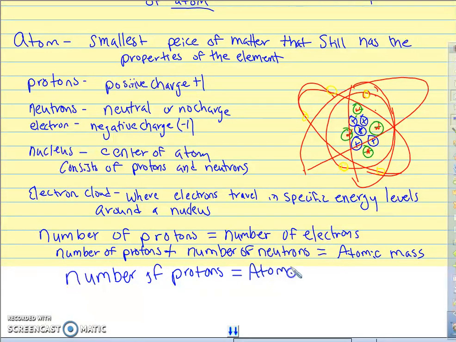So when you look at a periodic table, there's always a number by each element. That number is telling you how many protons there are in that element. Okay? If you can keep those in your head, you will go very far in chemistry.